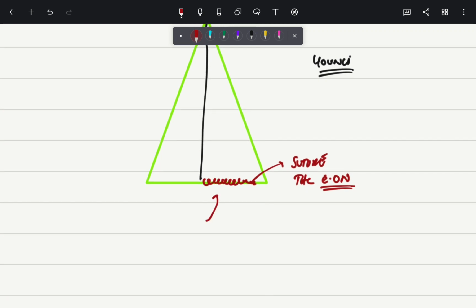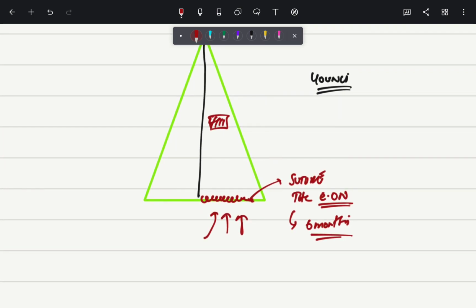Because we are taking a lot of air in, and this is leading to dryness of the internal nose. So we will suture the external opening of the nose for 6 months. In 6 months this dried part is going to heal itself because the dry air is not coming into the nose.